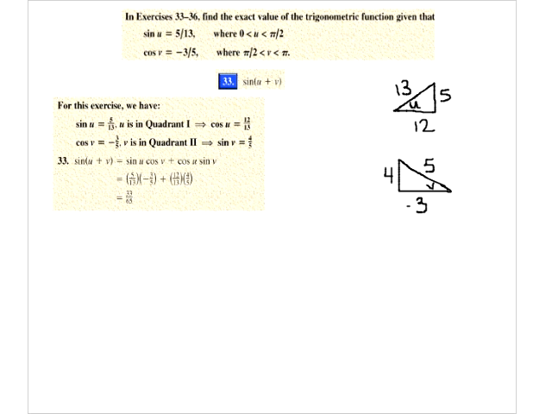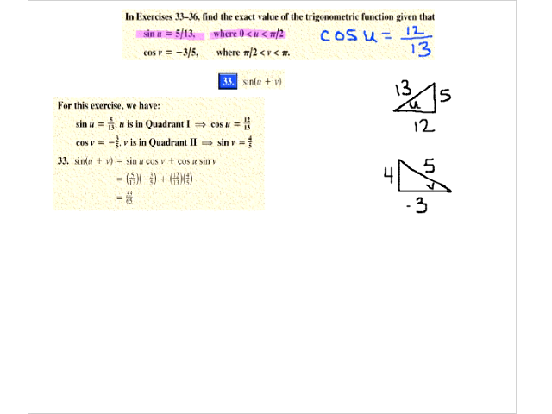You may see problems where you have to find missing information. For example, if I know that sine of u is 5/13 in the first quadrant, I'm going to draw a triangle in my first quadrant. It's a 5, 12, 13, so if sine of u is 5/13, I know cosine of u is 12/13.